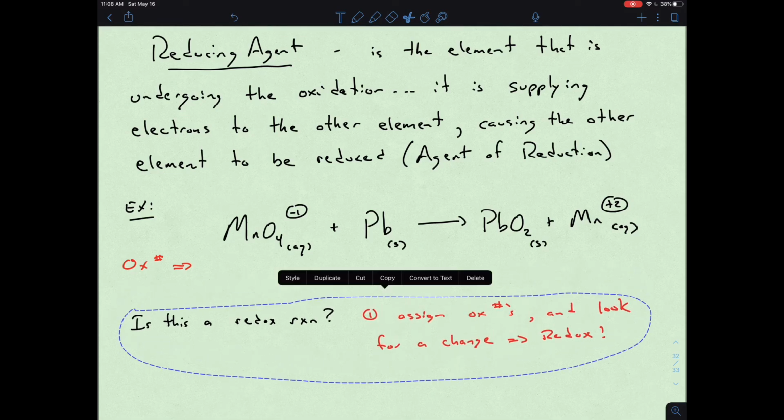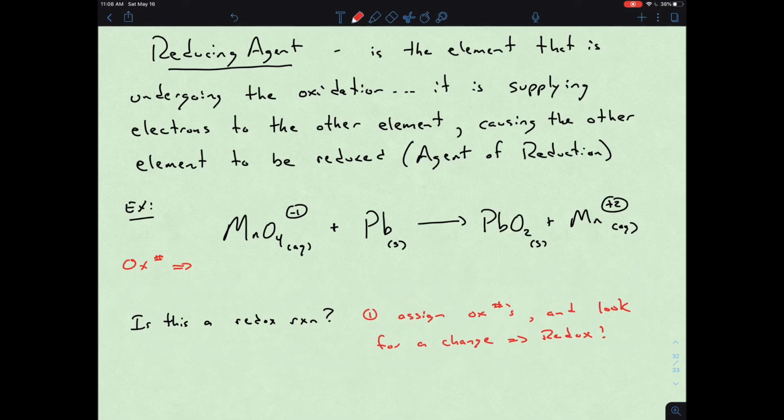We actually already did an example of that above, right? Our oxygen is -2, but there would be a total of -8, right? Since there are 4 of them, that means our manganese is in that +7 oxidation state, or has that +7 oxidation number. Lead is in its natural state, so it has 0.